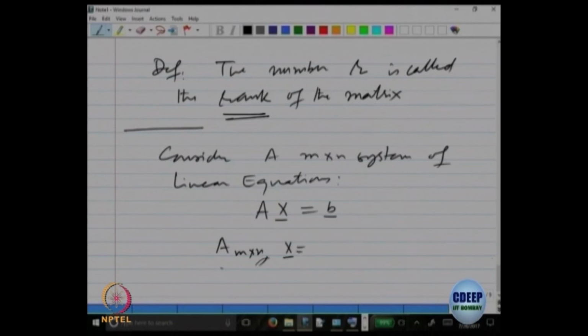That is the variables, x1 to xn, so that is n rows and 1 column.